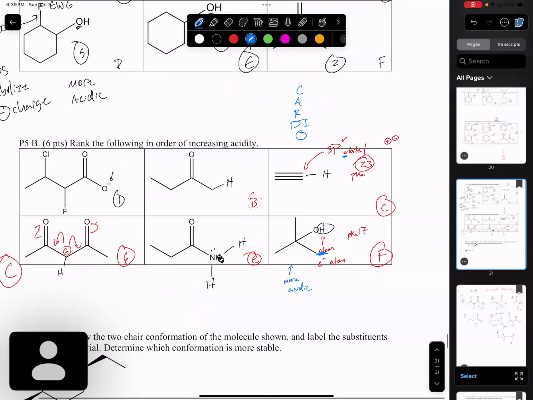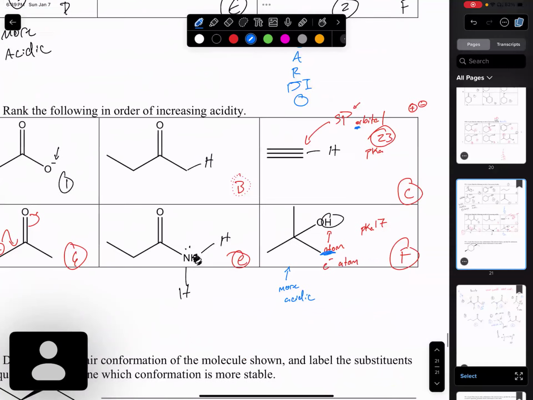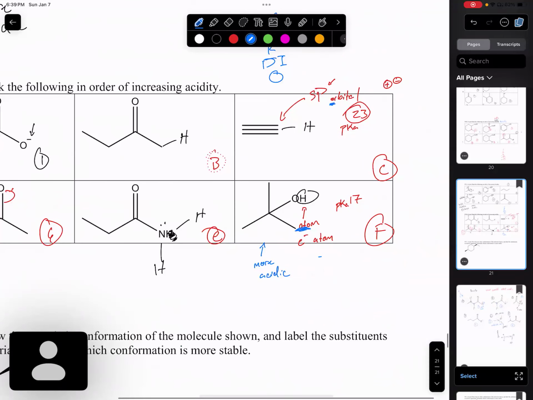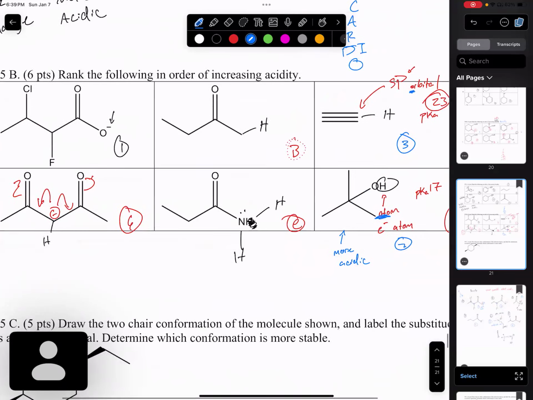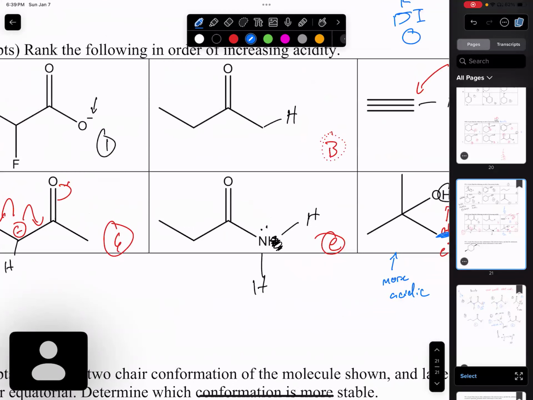So you have 1, 2, this is 1, this is 2, this would be 3, and now we just have to compare 5 and 6, which would be B and E. Which would be more acidic?